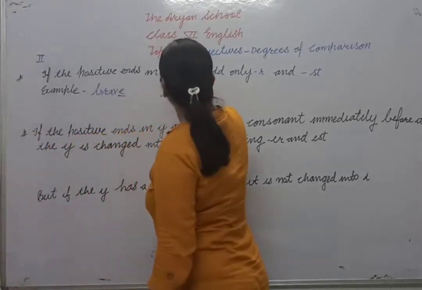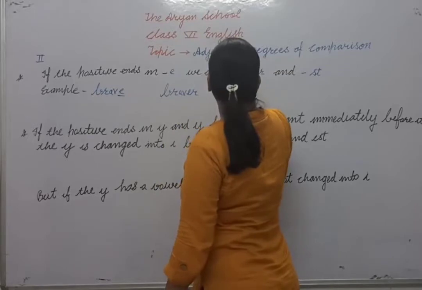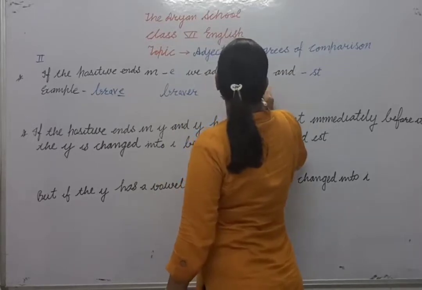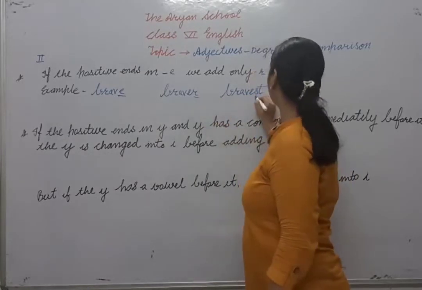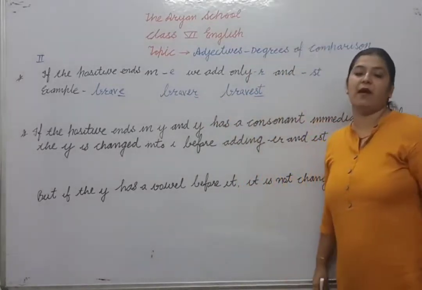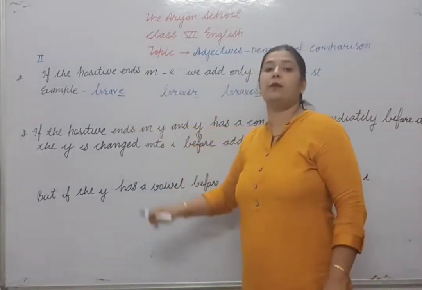So the comparative degree would be braver and bravest. Why? Because in positive degree E is already there.